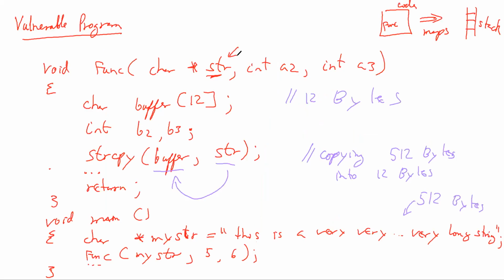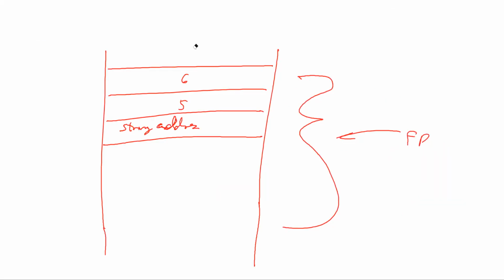Okay, remember? This is a very, very, very long string. So somewhere else in memory, you have "this is a very, very, dot, dot, dot, very long string."